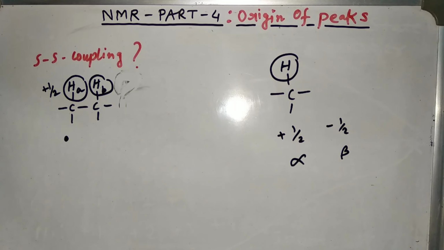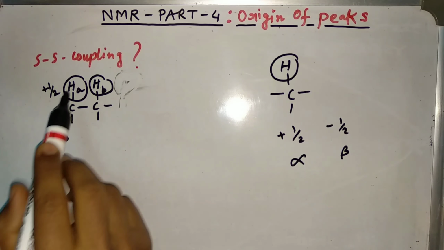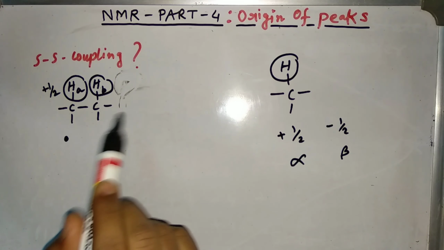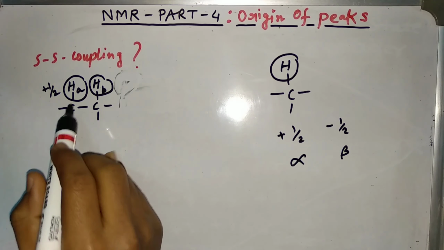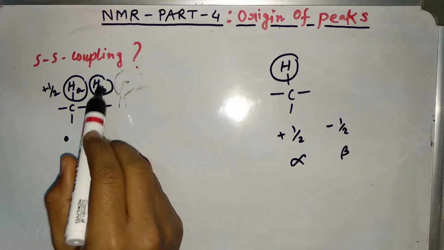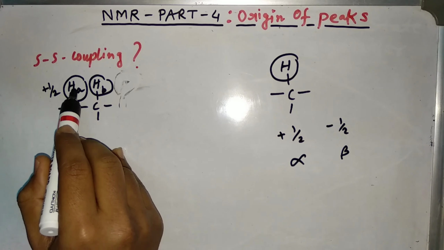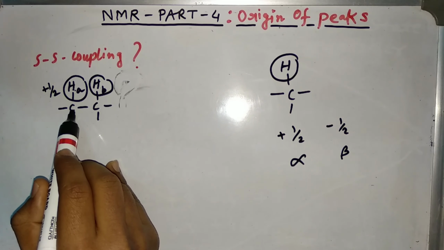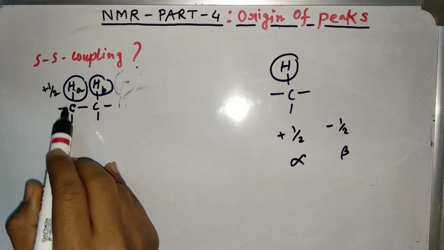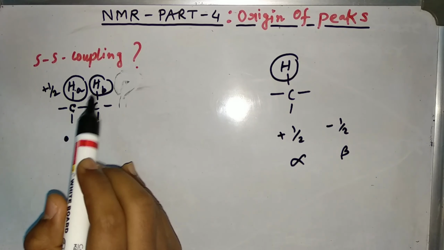HA will couple with HB in 2 ways. The first way is that they should be adjacent, and the coupling process will be like this. HA first will couple with carbon electrons. The nuclei, of course, carbon has nuclei, but here the coupling process is with electrons, you may say.